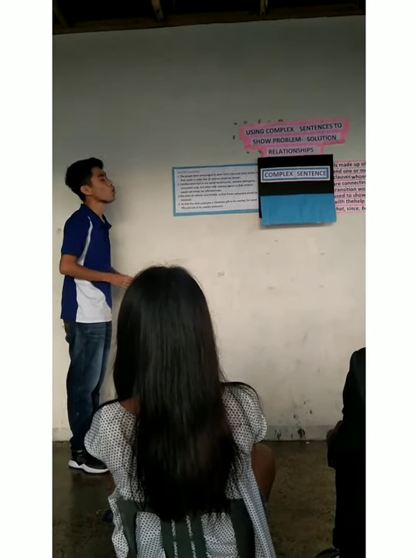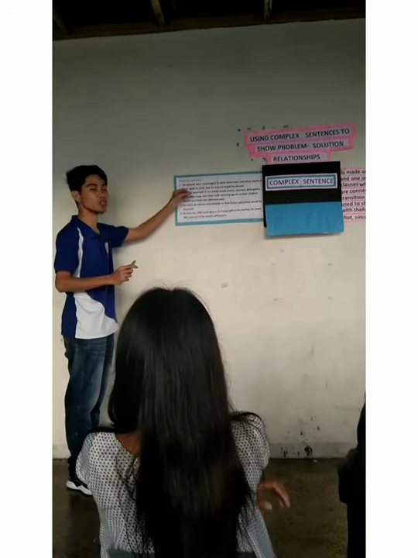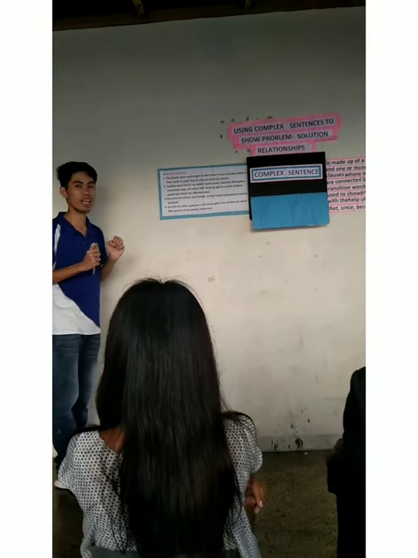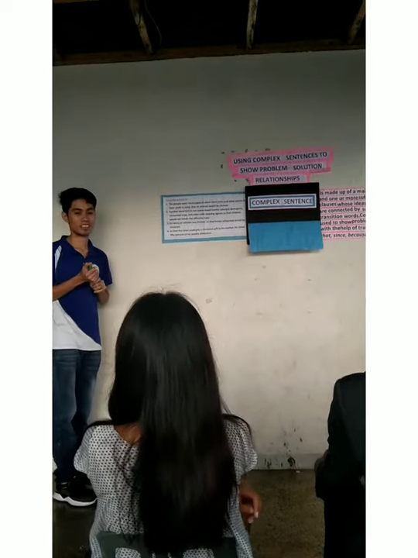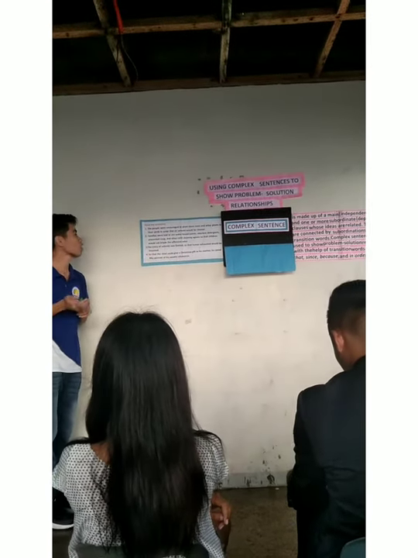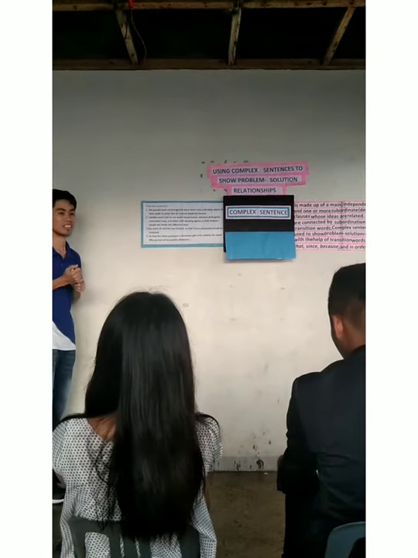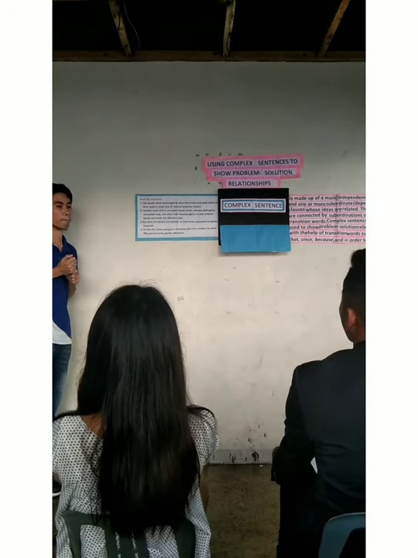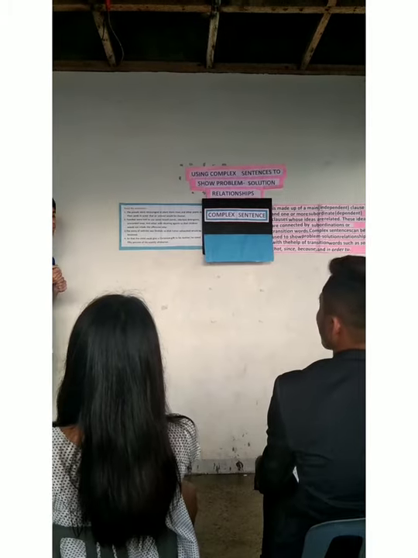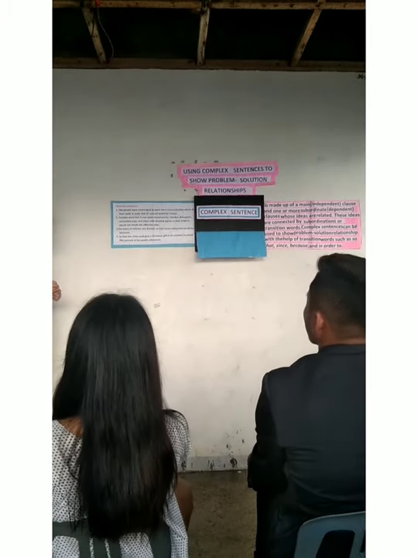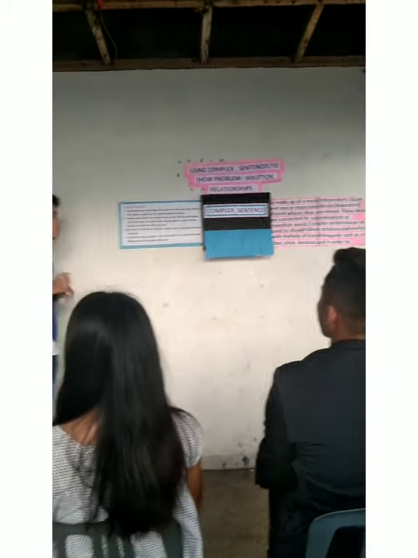Okay. Now, which is the dependent clause and which is the independent clause? You, Liza. What about you, Michael? Can't distinguish, sir. Okay, you can't distinguish which one is a dependent clause and which is an independent clause.